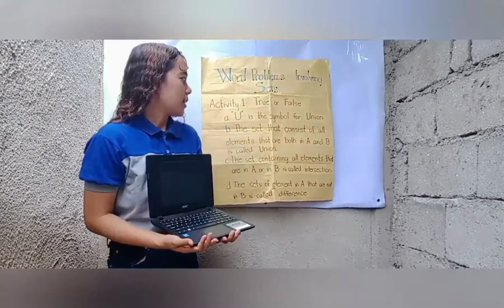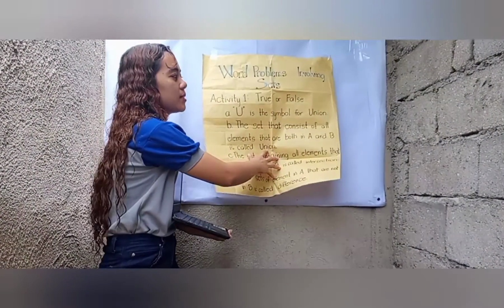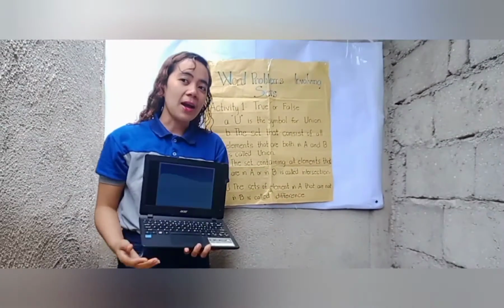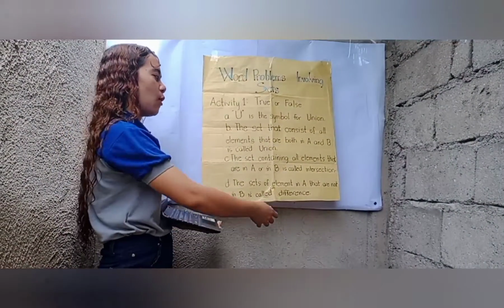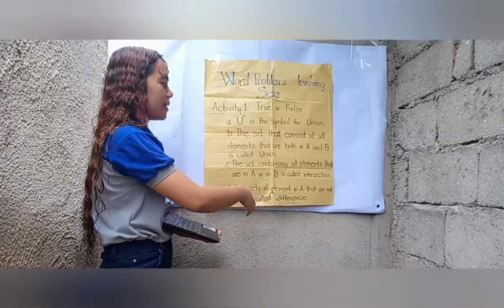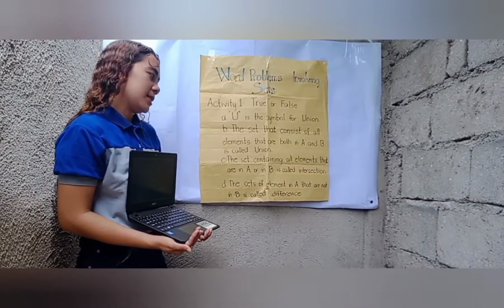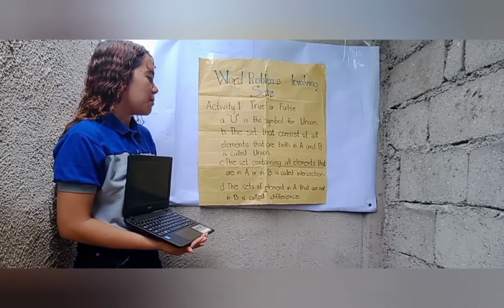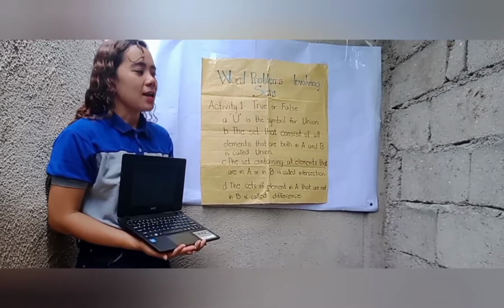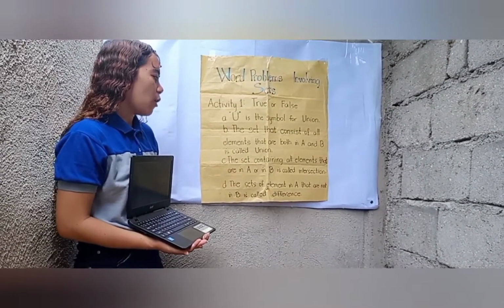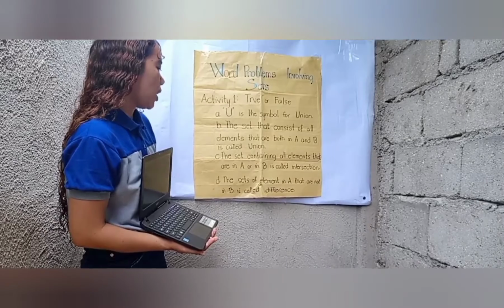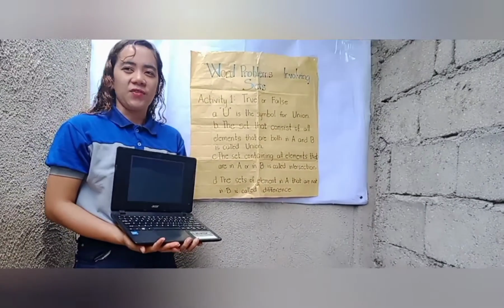So, sa letter A, U is the symbol for union. Tama kaya o mali? B. The set that consists of all elements that are in both A and B is called union. C. The set containing all elements that are in A or in B is called intersection. And the last, the set of all elements in A that are not in B is called difference.